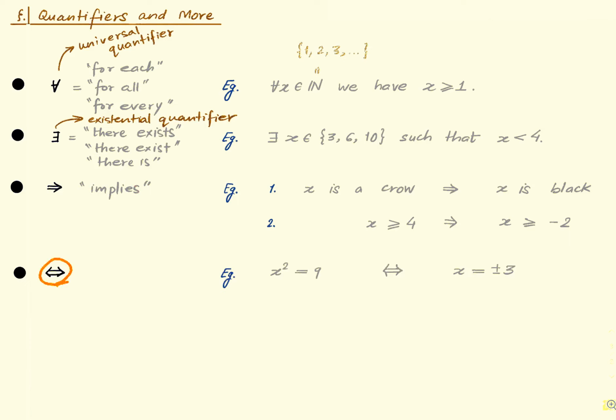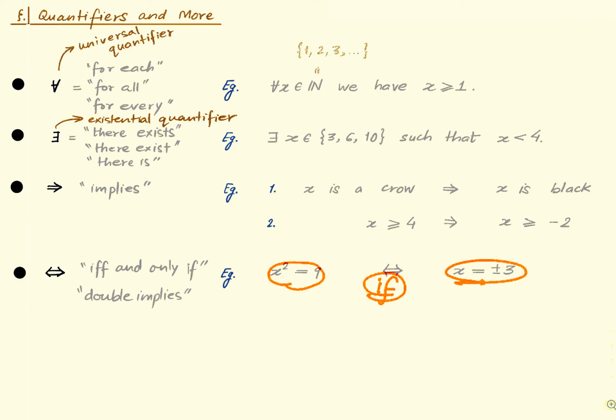This is if and only if. One also reads it as double implies, and I'll explain a little bit more, but let's see an example. x squared is equal to 9 if and only if x is either plus 3 or minus 3, right? So if and only if means first you write if here. x squared equals 9 if this is true, clearly.